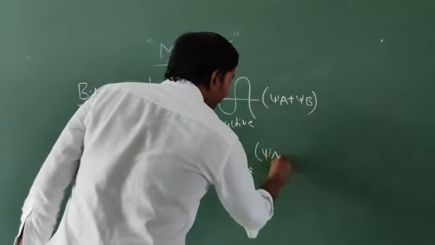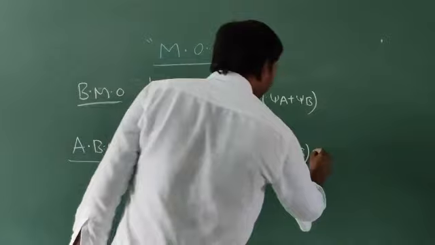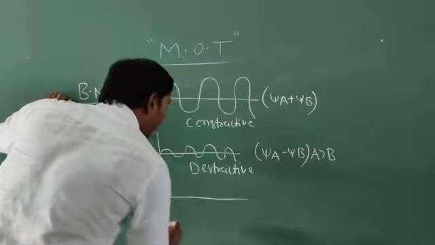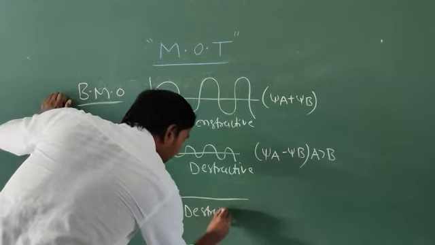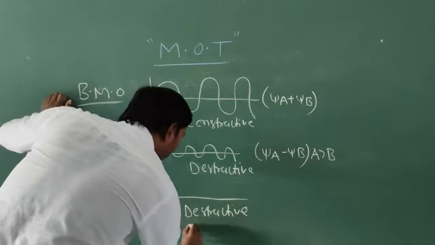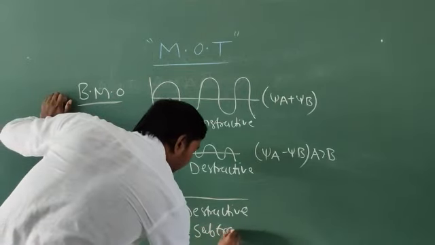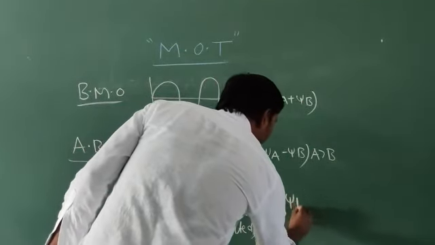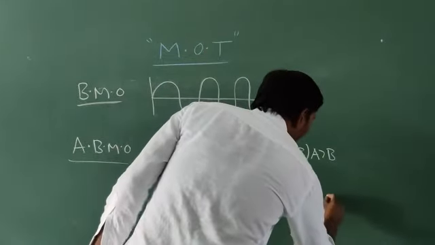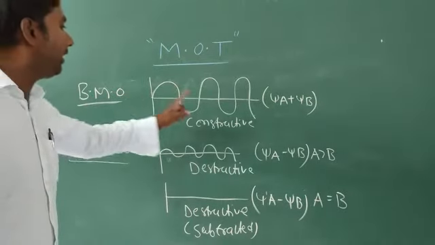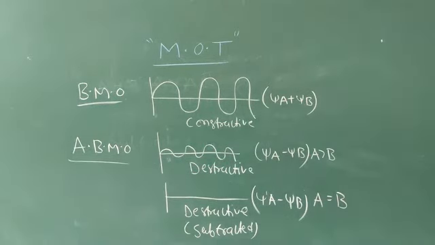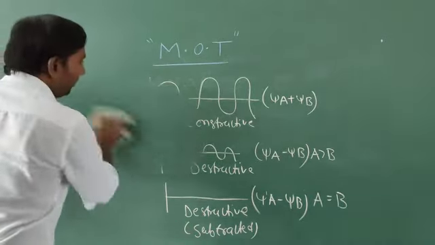Subtracted, psi A minus psi B, here A is greater than B. Next, the same anti-bonding molecular orbital, totally subtractive, is also destructive, psi A minus psi B, here A equals B. So bonding molecular orbital means constructive method, anti-bonding molecular orbital means destructive method.